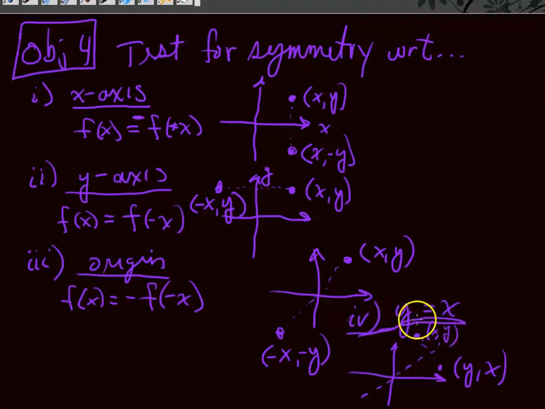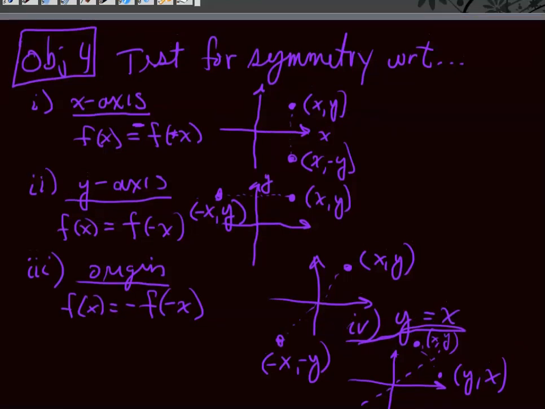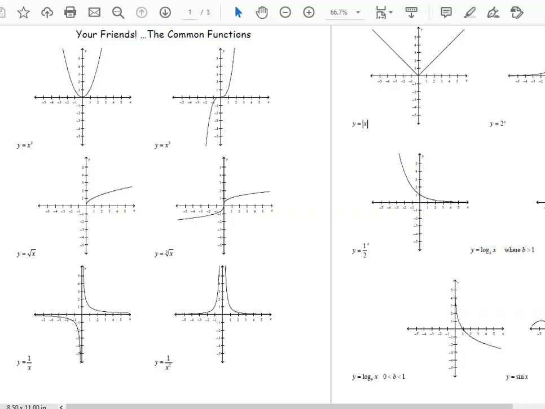Now, to do all these, we need to maybe have some equations that we can take a look at. And those equations are what we might call common functions. So these are the common functions, and I'll give you this handout, or you can get this from Dr. Felipe also.